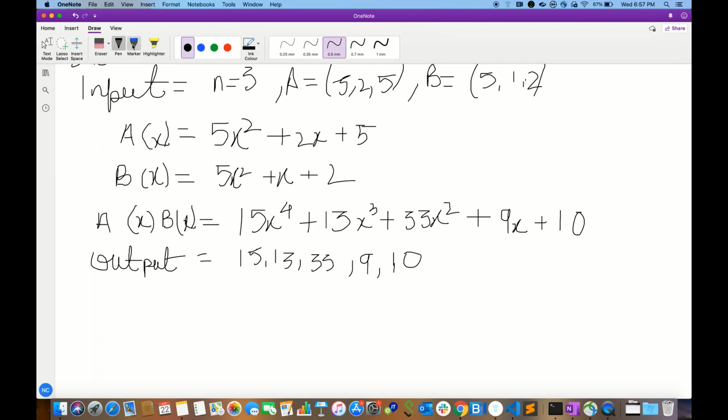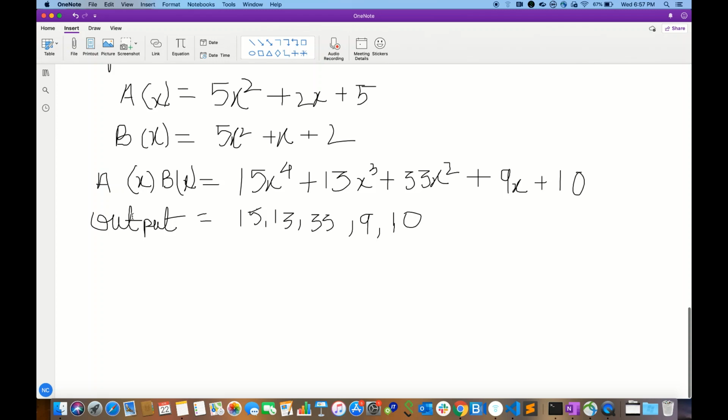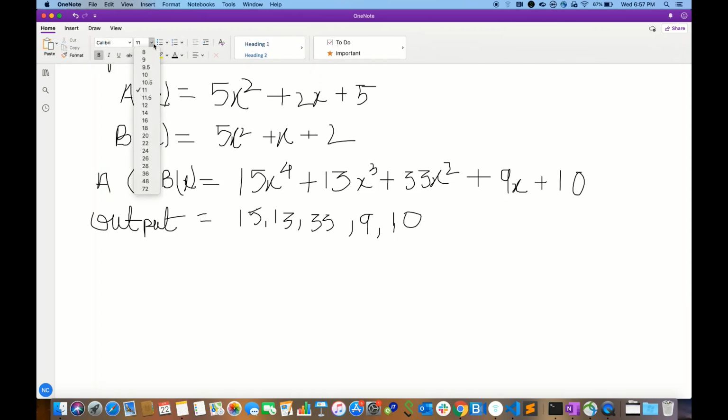I will just write down the algorithm, or the naive algorithm, what I thought of for this problem. So let's see.